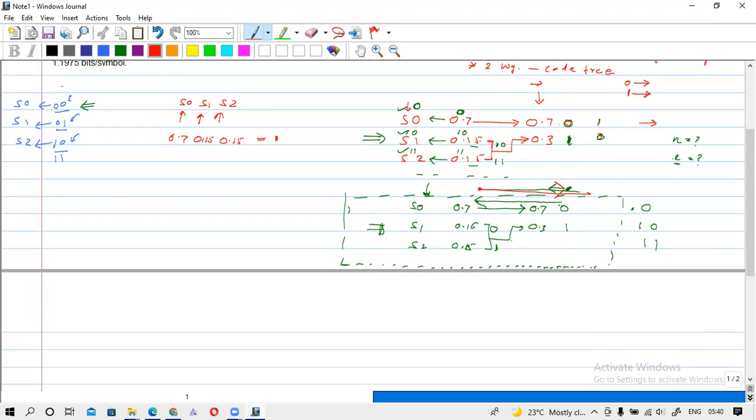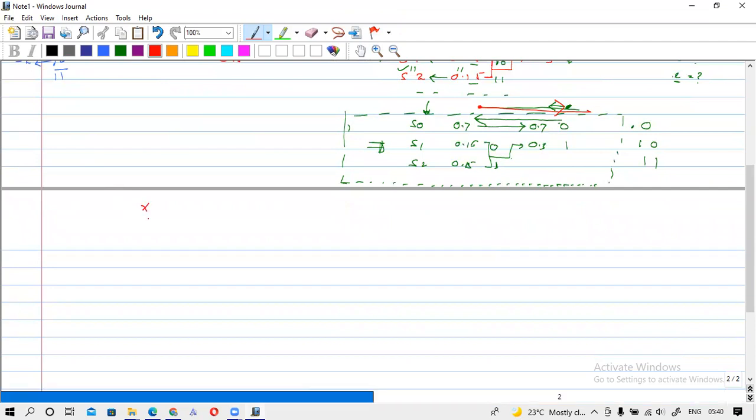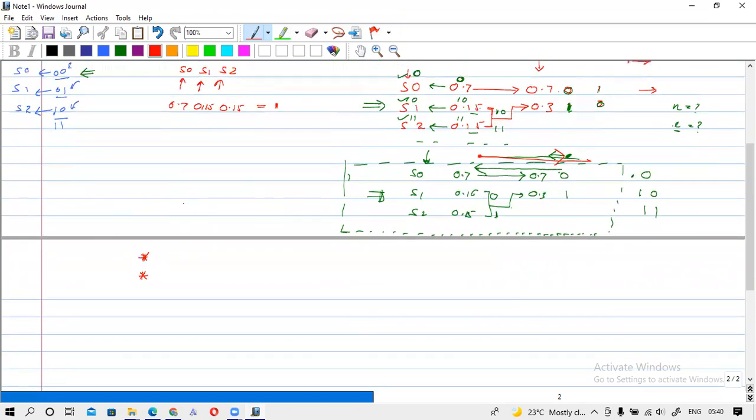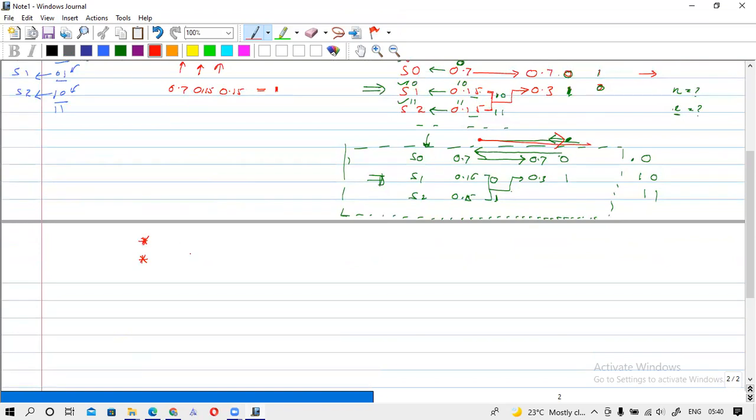When we are dealing with Huffman codes, there are two very important parameters. One is the average code word length, which I denote using L bar. The other is efficiency.